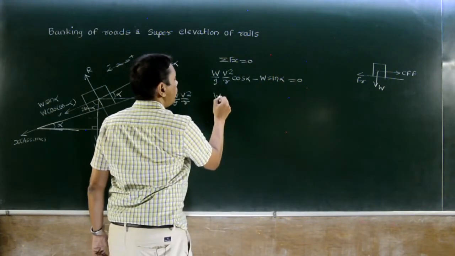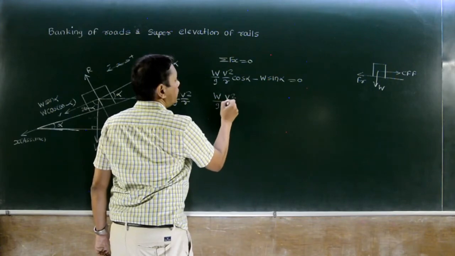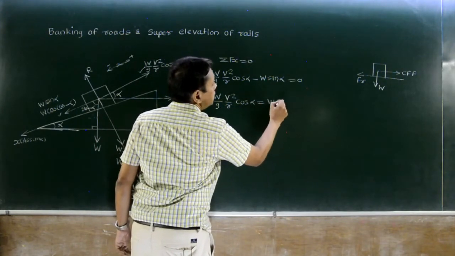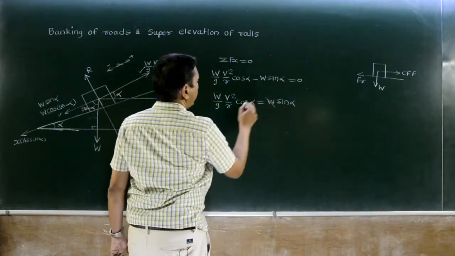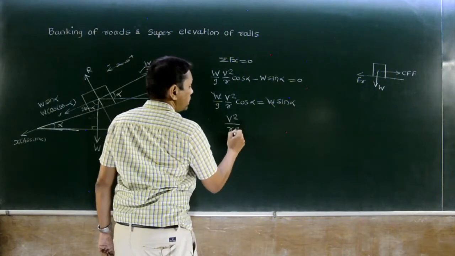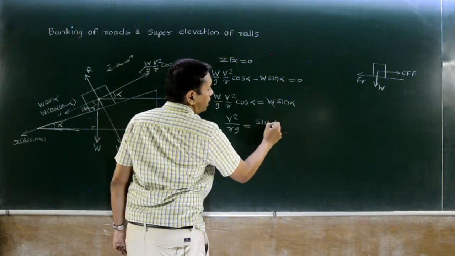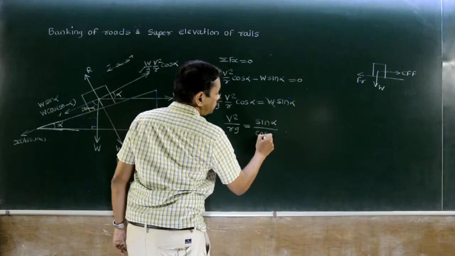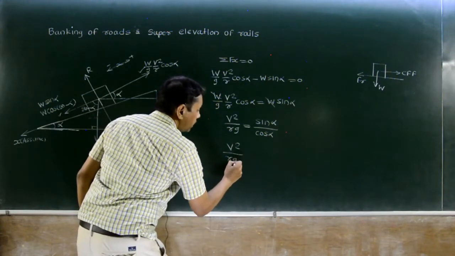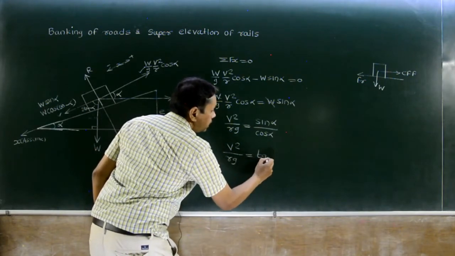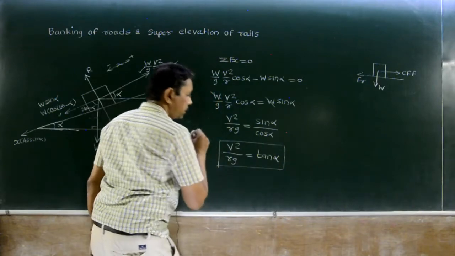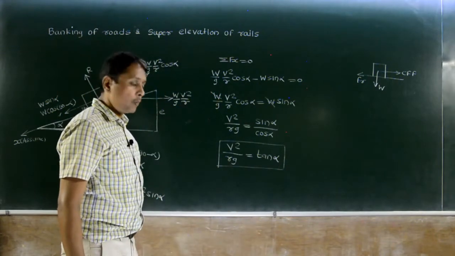So here W by g, v square by R, cos alpha is equal to W sin alpha, W gets cancelled, v square by Rg is equal to sin alpha by cos alpha. So v square by Rg is equal to what? Tan alpha. This is an important relation.